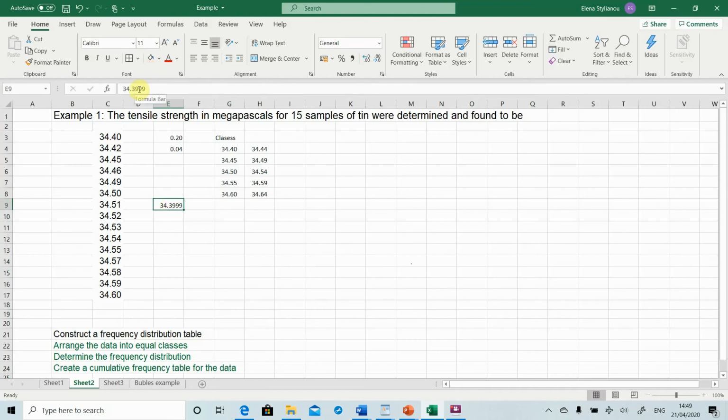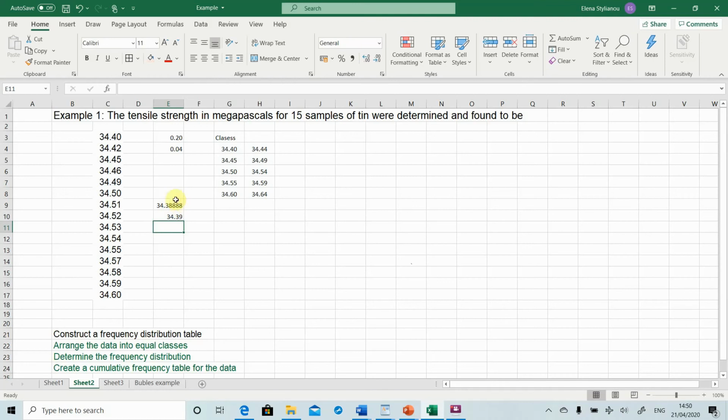If it was 34.3955, again it could be rounded to 34.40. But if your data was 34.38888, we would round it to 34.39. We couldn't round it to 34.40.